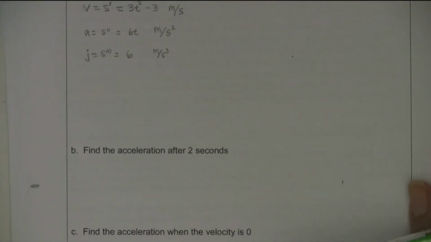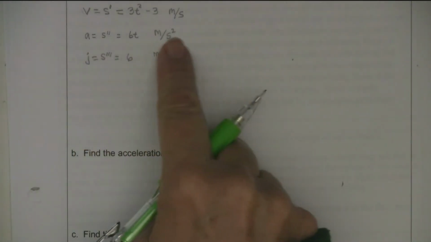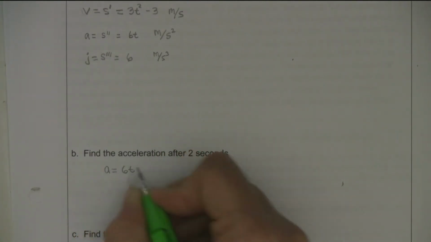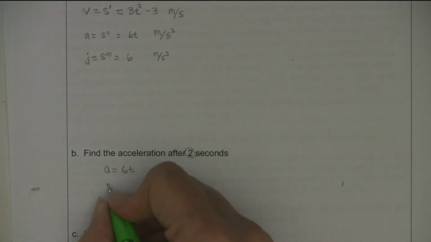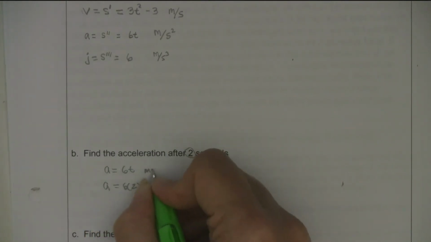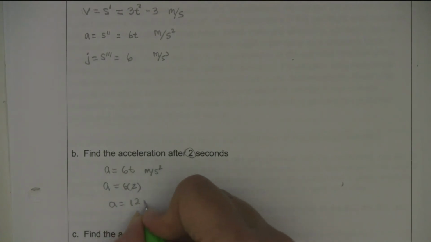And then it asked us to find the acceleration after 2 seconds. And the good news is, all I have to do is use the formula. So A equals 6t after 2 seconds. A equals 6 times 2, lost my units. And so this is A equals 12 meters per second squared.